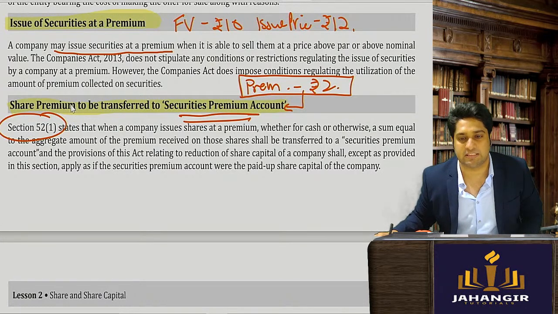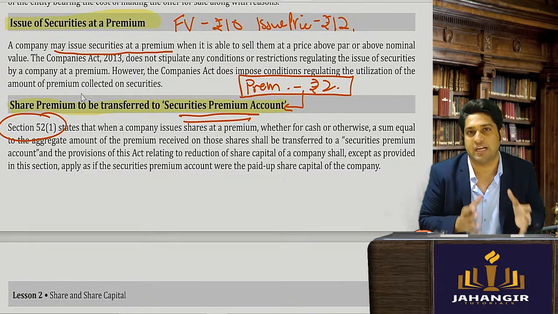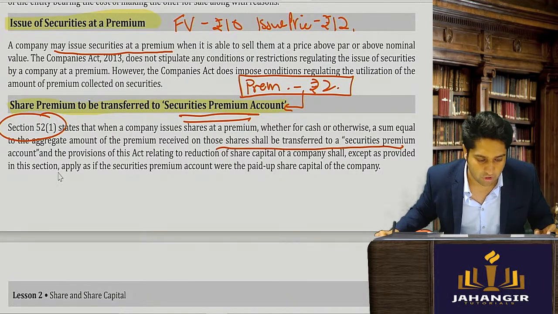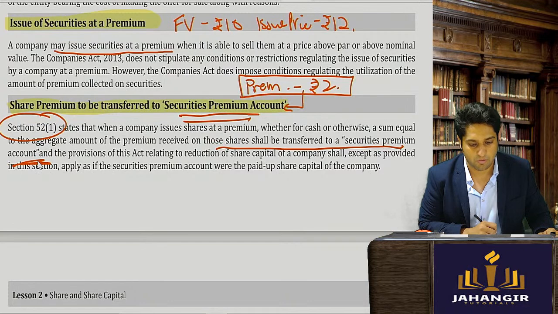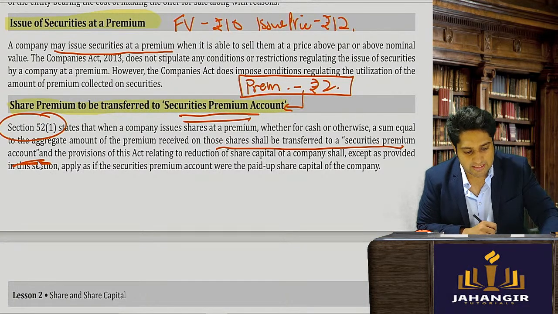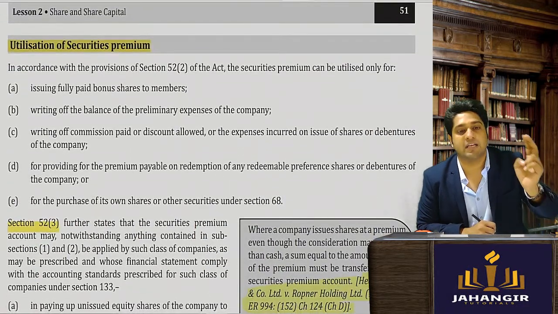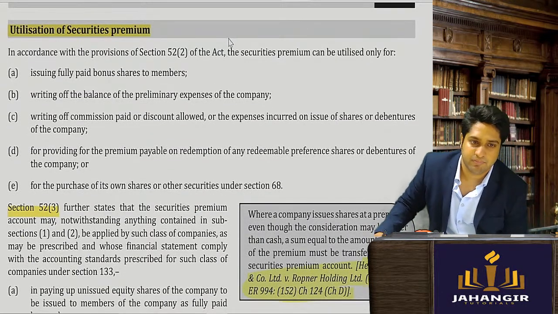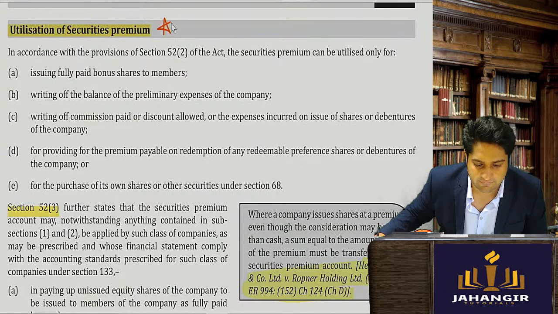Subsection 1 says that whenever a company issues shares at a premium, that premium amount shall be transferred to the security premium account. Second, subsection 2, which they ask in the exam as well, is very, very important.